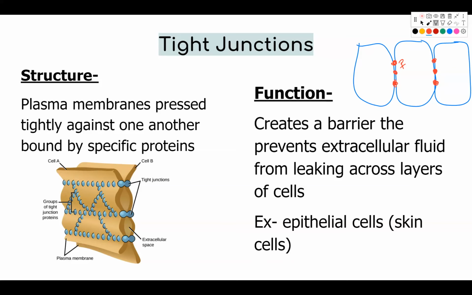So there is still extracellular matrix stuff going on. All the stuff that we drew with the extracellular matrix with the collagen and the fibronectin, all of that is still going on out here. There's just little sections where those cells are just sucked closer together.